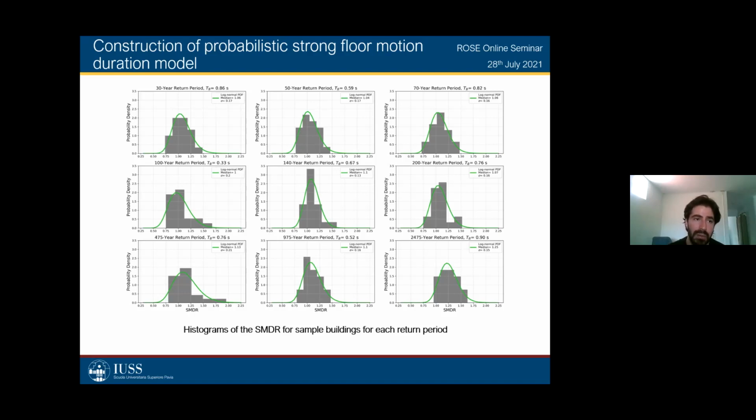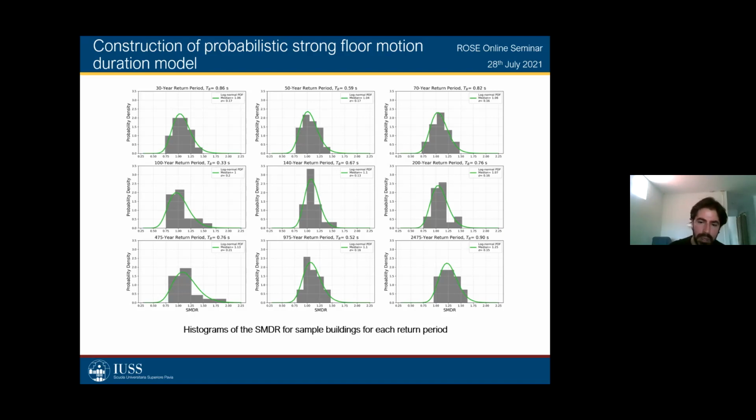So to get a first taste of what probability distribution would make sense, we plotted histograms of many of these data stripes for different return periods to see what shape they had. As you can see, there is one plot per return period, and each plot takes a random building and plots the histogram, to see how the data looks.